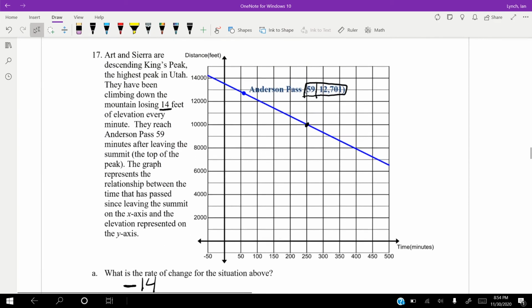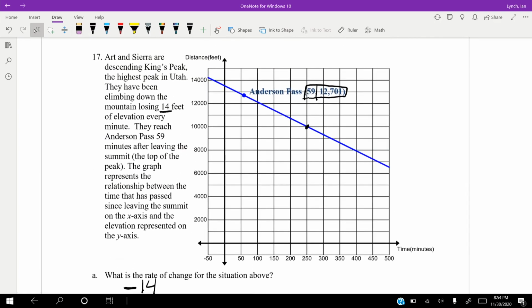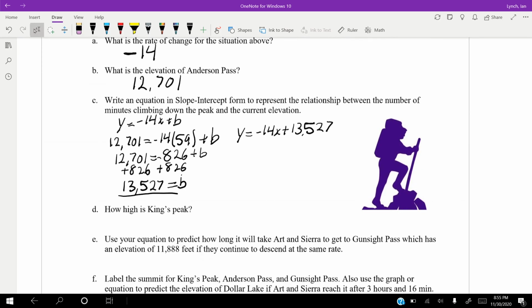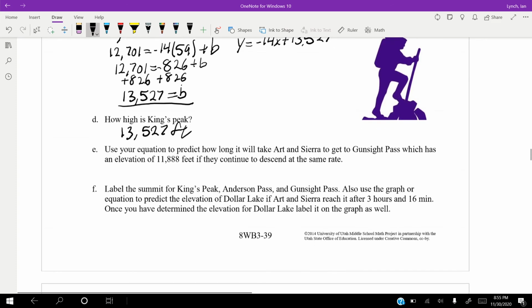So how high is King's Peak? Well, King's Peak then has to be our y-intercept of 13,527 feet. So now you guys are going to finish these last two parts of this problem, guys.